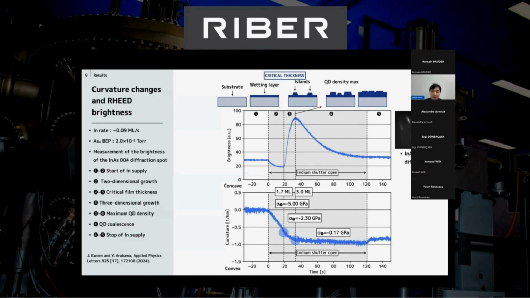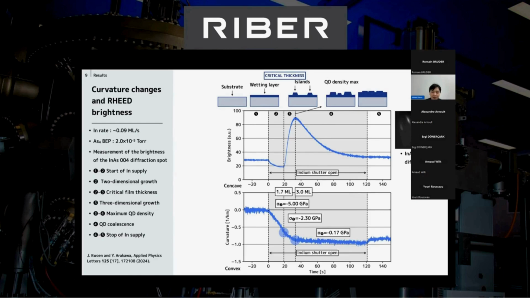Okay, after the three monolayer growth, the peak of the brightness occurs on the top of this graph. The brightness of the RHEED pattern continues to increase and then peaks at the end of this region, and then starts to gradually decrease.